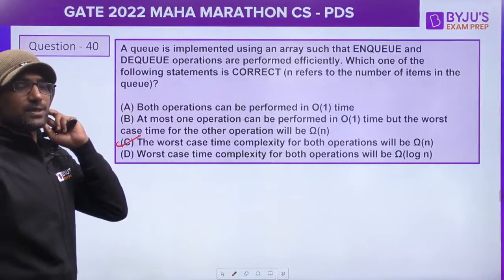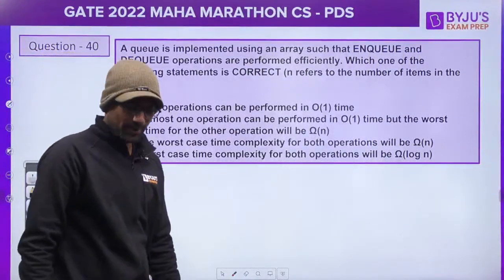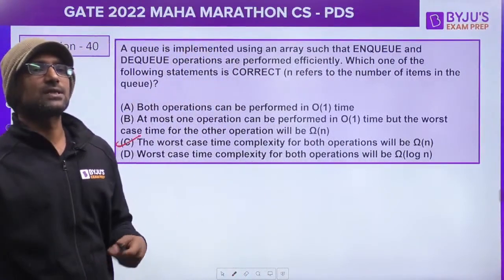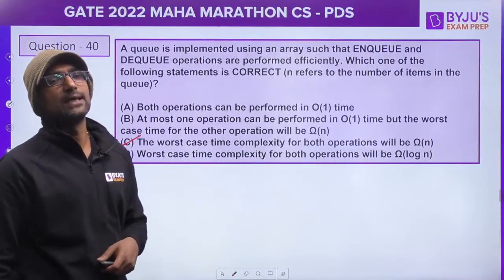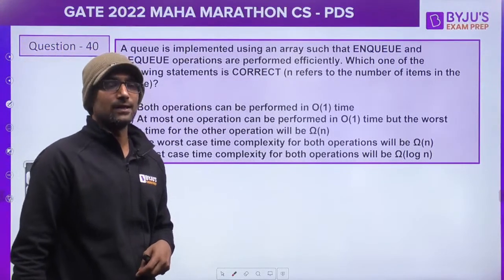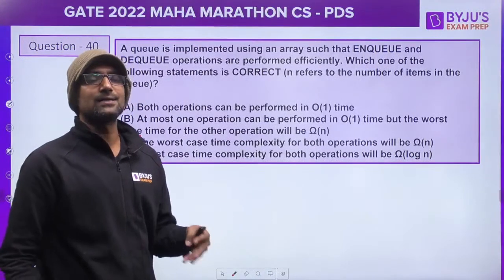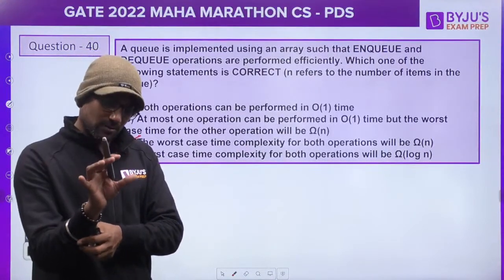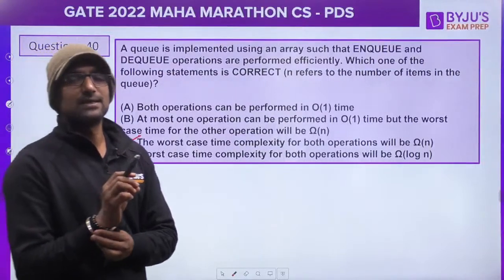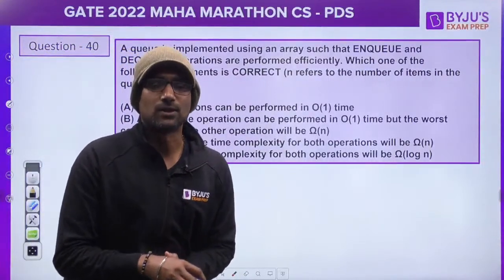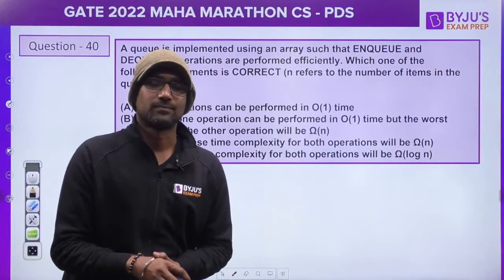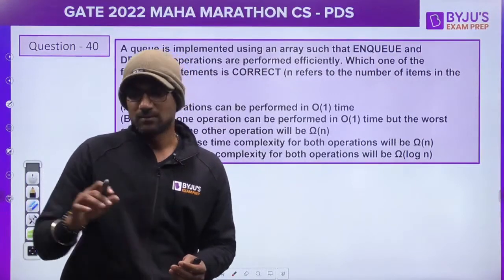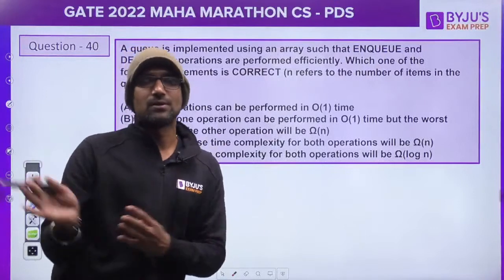But it is a previous GATE question. Omega and big O we use interchangeably. Worst case time complexity for both would be n, because we are implementing using an array. Arrays are static memory locations, and insertion and deletion are not in constant time for arrays. It is big O of n, because you should adjust. If you delete the middle element, the later elements you have to shift to the middle.